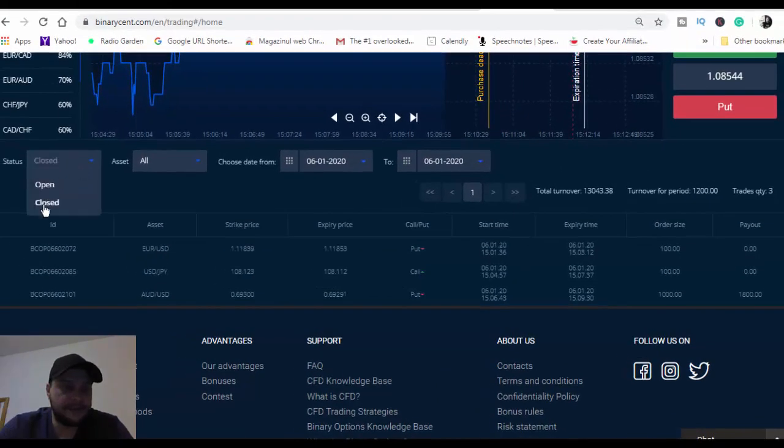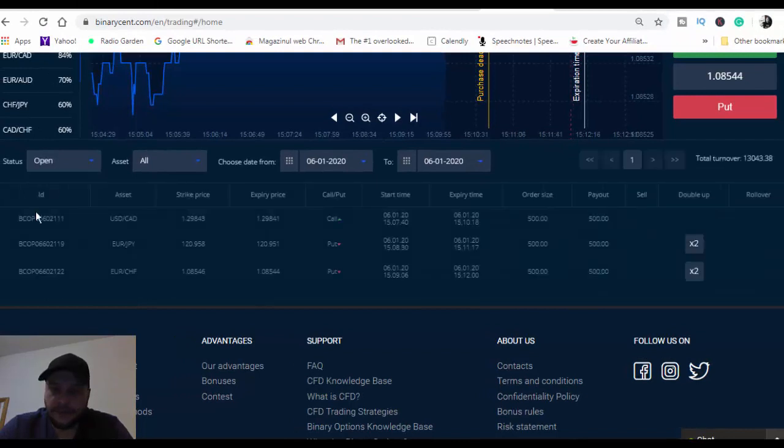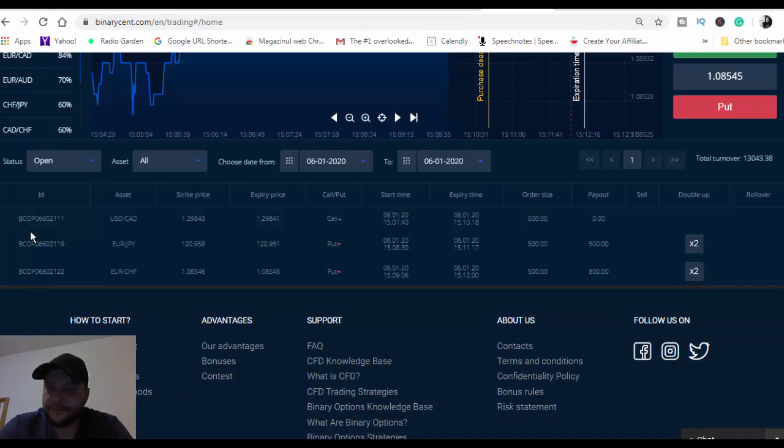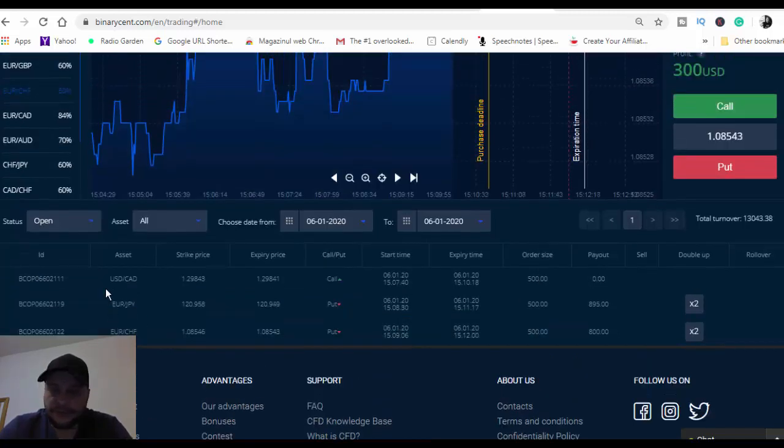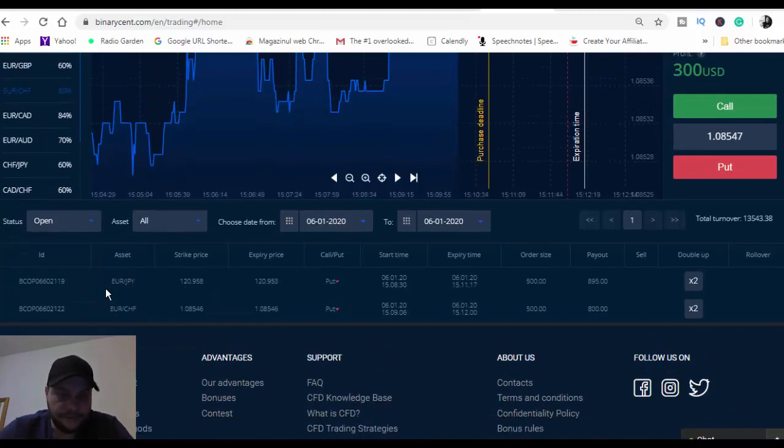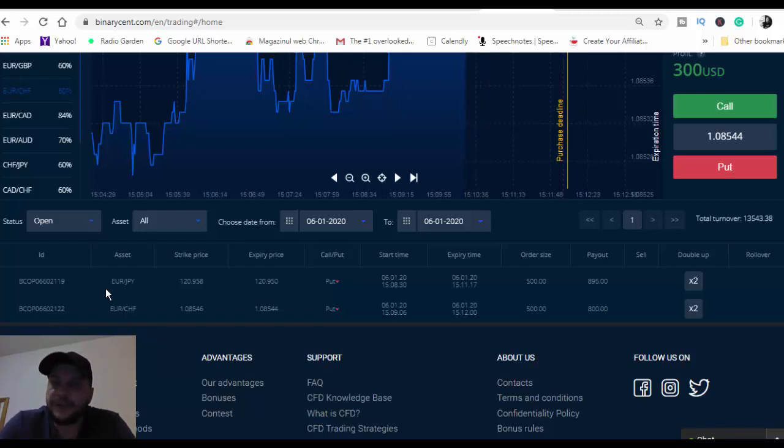Let's see the other one. We have 2 more trades, and we will see at the end how much profit or how much losses we have.